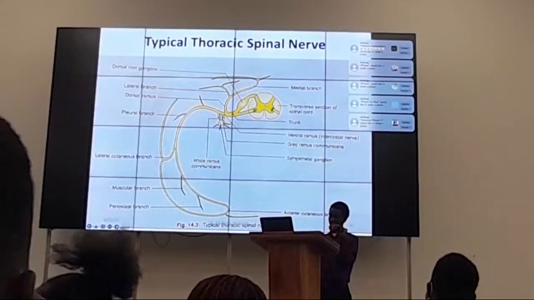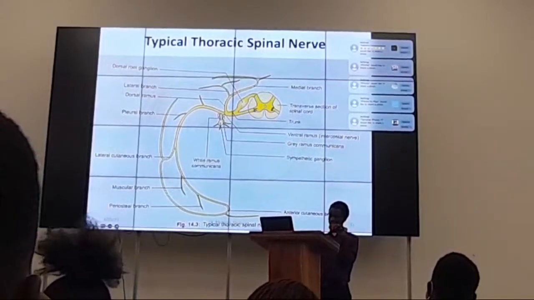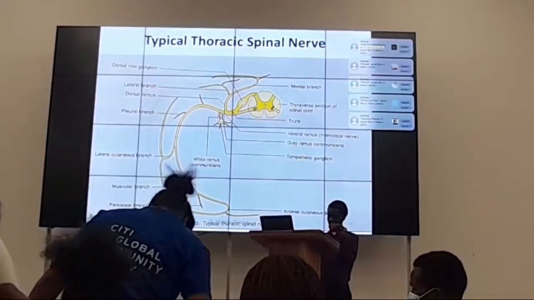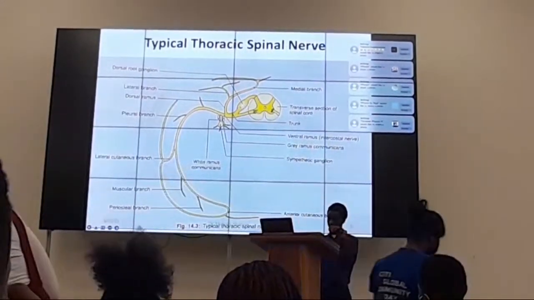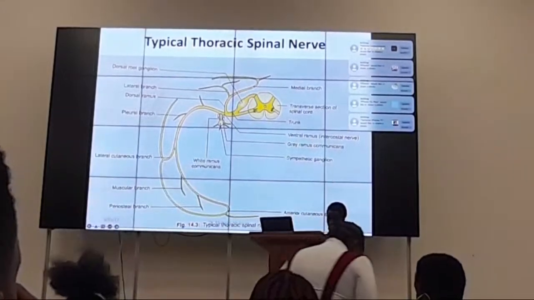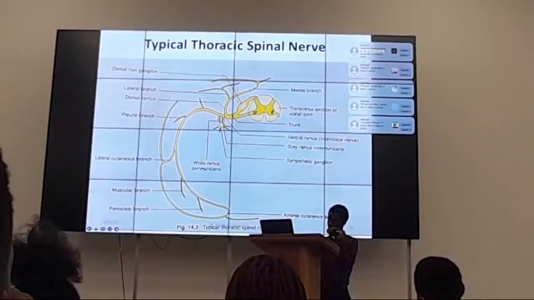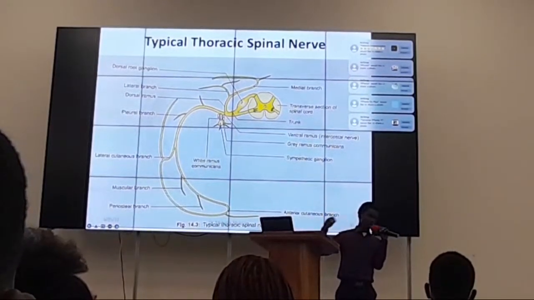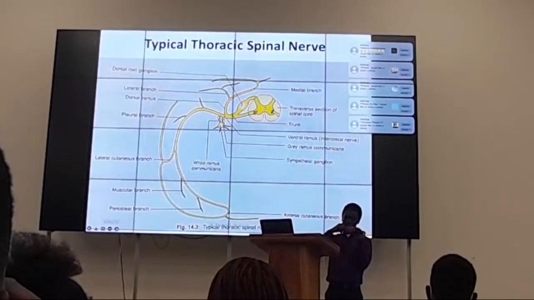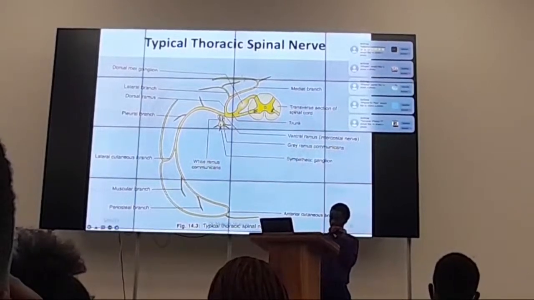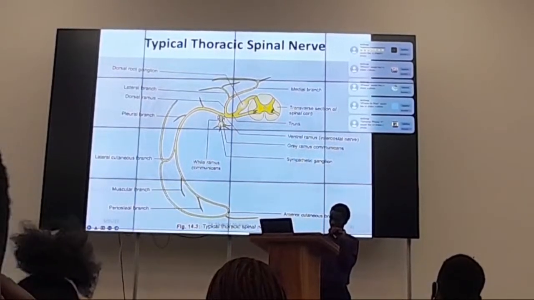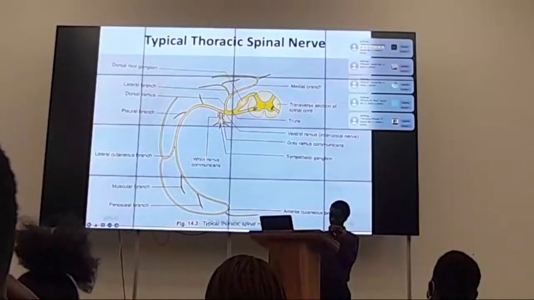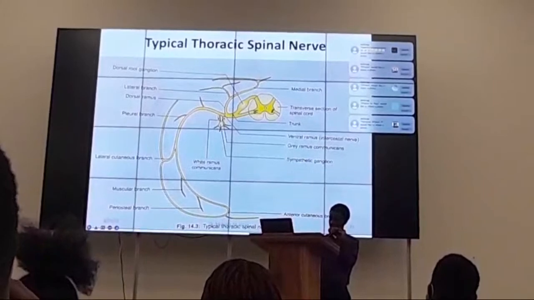This is a ganglion, a dorsal root ganglion. Though not correctly illustrated here, it's supposed to be more like a pseudo-unipolar neuron arrangement, with a stalk that comes out from the posterior horn and forms a ganglion. You get the point.